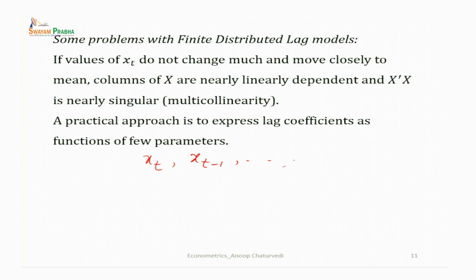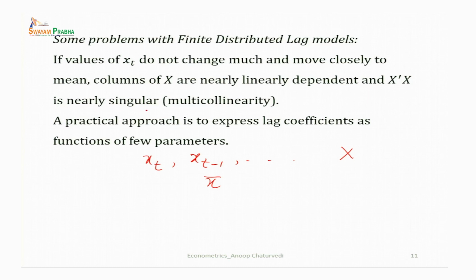And if all these values do not change much and are very close to the mean, say you take the mean as x bar, so all these values are not very different from the mean, then the columns of the X matrix are nearly linearly dependent, and then you face the problem of multicollinearity, because X transpose X is nearly singular.